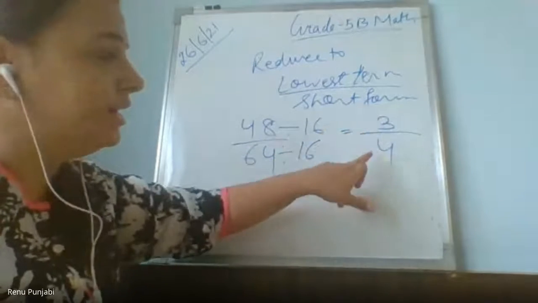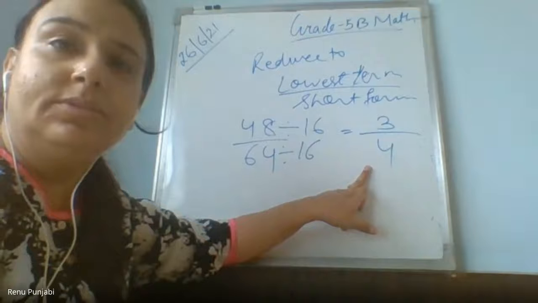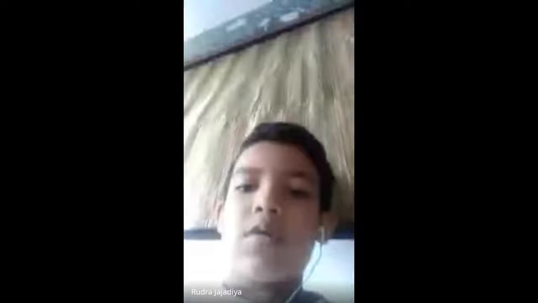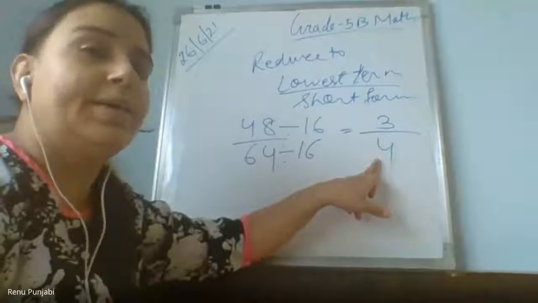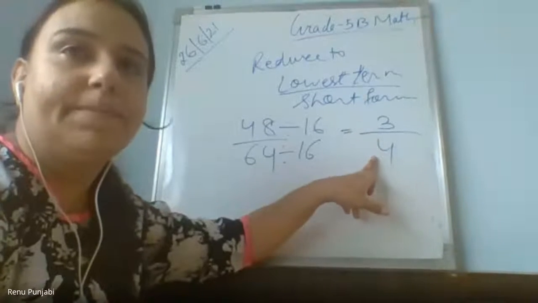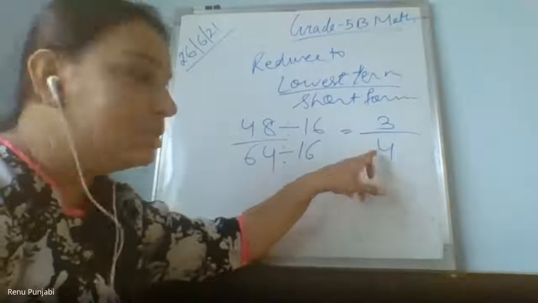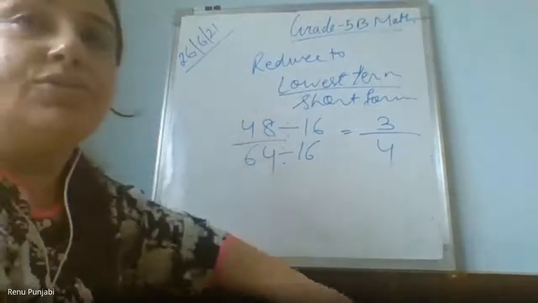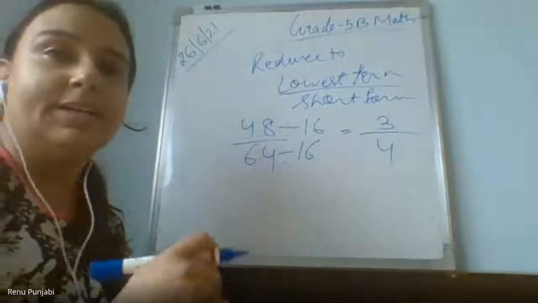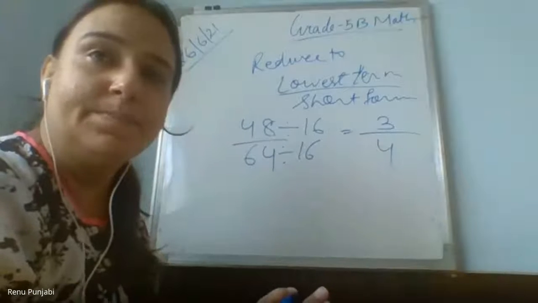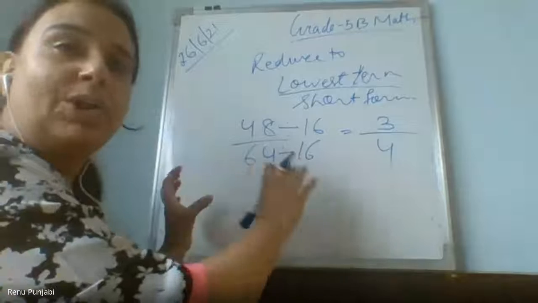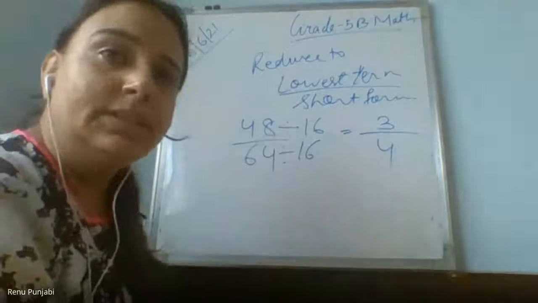After this, can you make it more shorter now? No. Because now they are coming in their own table. Now we cannot make them shorter. So when the numbers are big, how you did? First, you have checked these numbers are coming in which table till 10. Then you have noted down all the factors of that number.